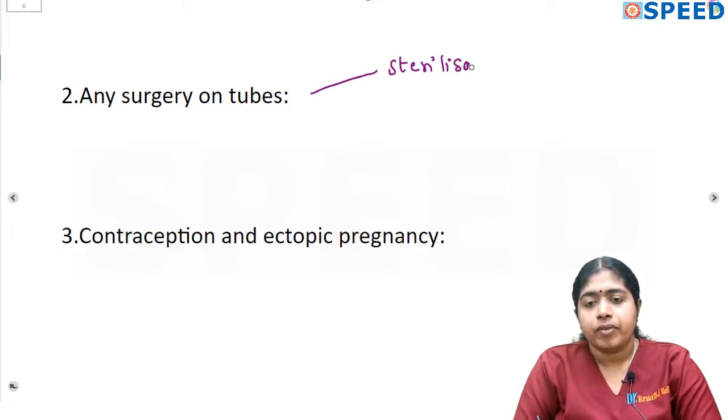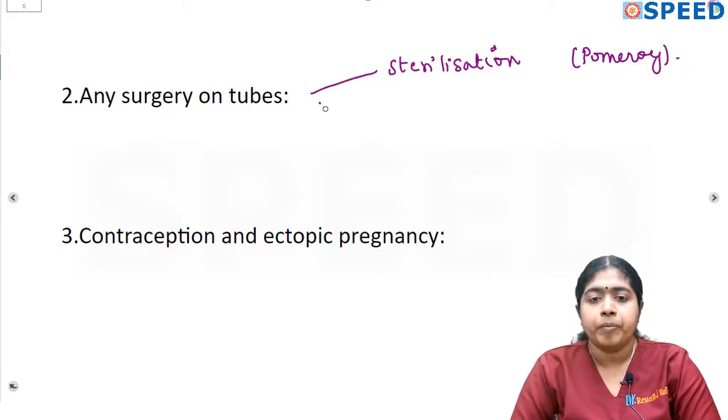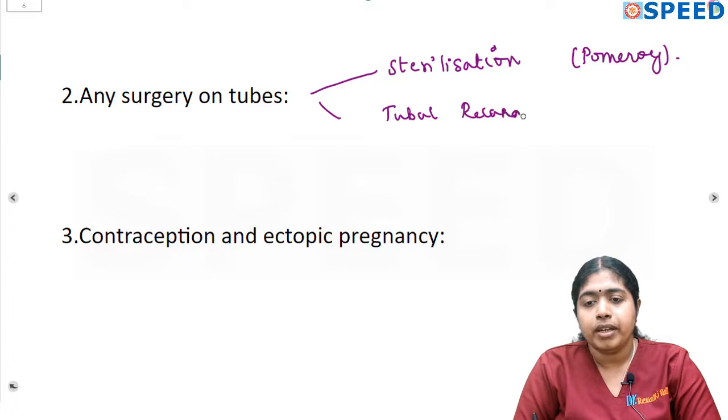Sterilization. Sterilization is most commonly done by what method? Your Pomeroy method. It can also be done by other methods like the Parkland method, so many other methods. And tubal recanalization, usually done after sterilization, also carries a risk of ectopic.